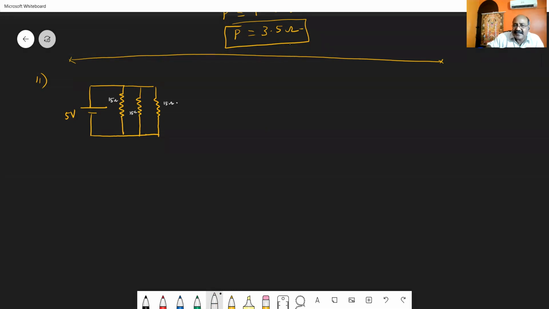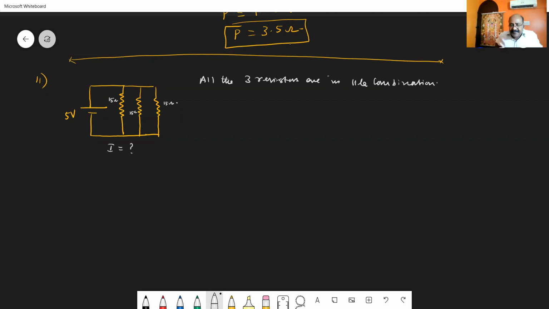From the diagram, it is clear that all the 3 resistors are in parallel combination. This is the first concept that we should know. We are asked to calculate the current flowing through it.